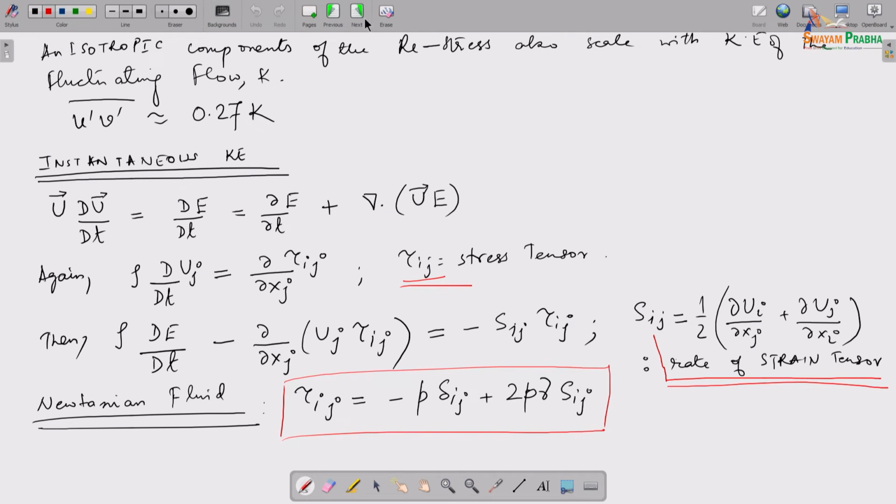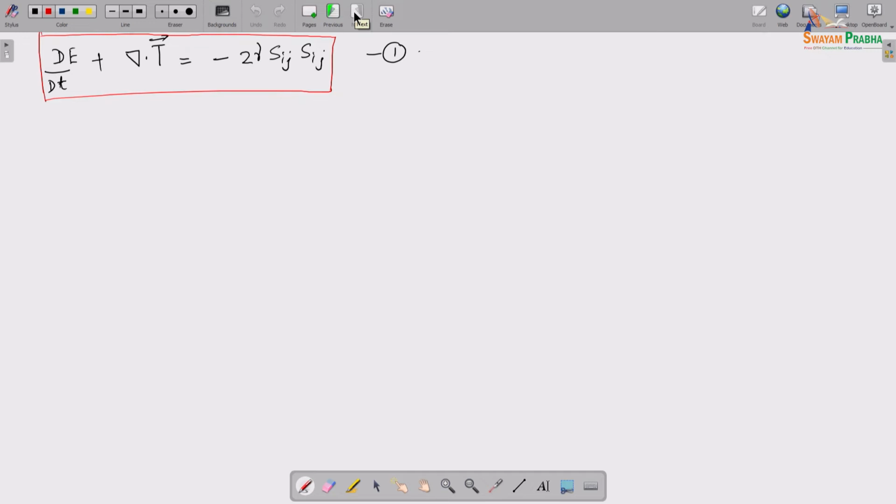So I'm not going to repeat that. So this is the rate of strain tensor, right? And minus 2, right. So this is nothing but the flux of energy.